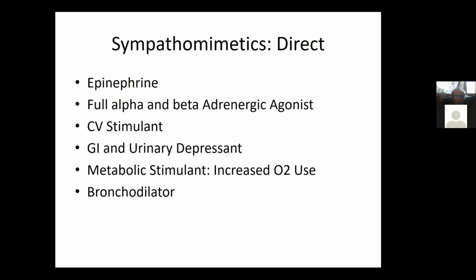So the reason that I wanted you to take a look at the parasympathetic slide yesterday was that, of course, we're seeing just the opposite thing here, whereas the parasympathetic slide says cardiovascular depressant. Here on the sympathetic side, it says cardiovascular stimulant. And down on GI, gastrointestinal and urinary function, see gastrointestinal and urinary activation on the parasympathetic side, and depression on the sympathetic side.